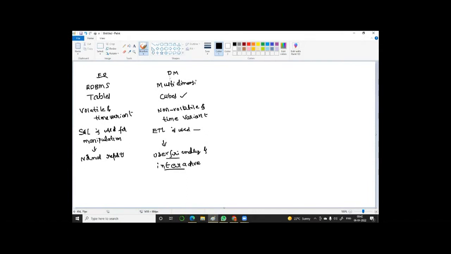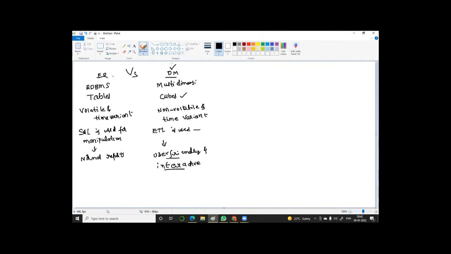Seeing the differences between the ER and DM models, I prefer DM modeling only. Not only me, generally everyone prefers the DM model, because finally my outcomes, my reports, are user friendly and interactive, with less time consumption. So this is the difference.